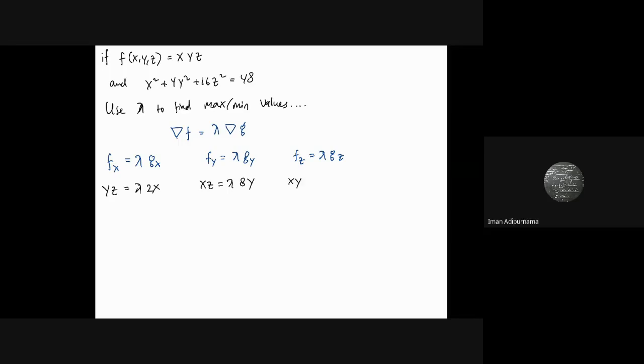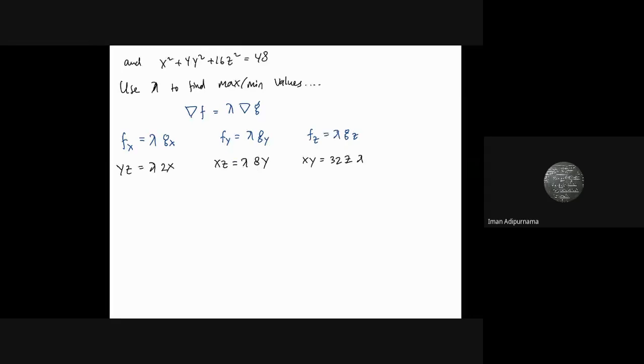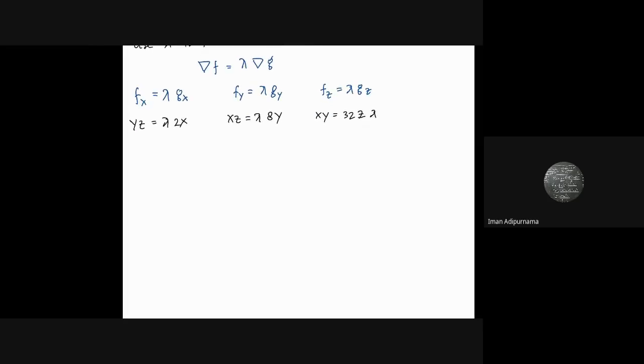This is xy, and 32z lambda. Okay, now we have lambda is yz over 2x, lambda is xz over 8y. Okay, now we have all these solutions.